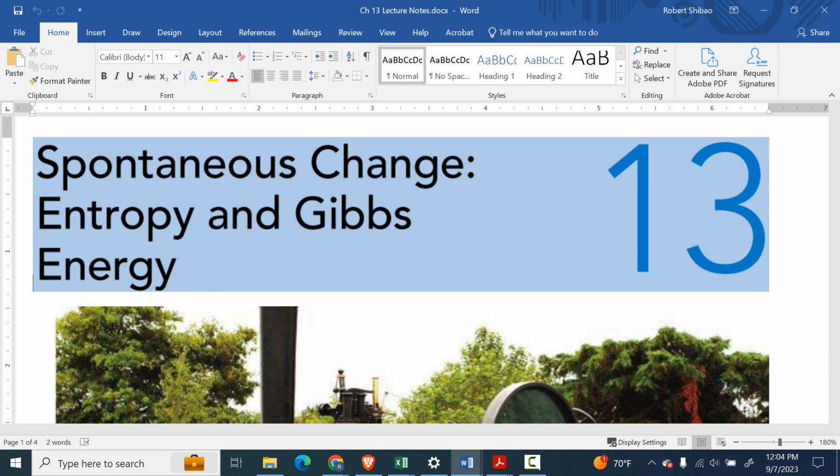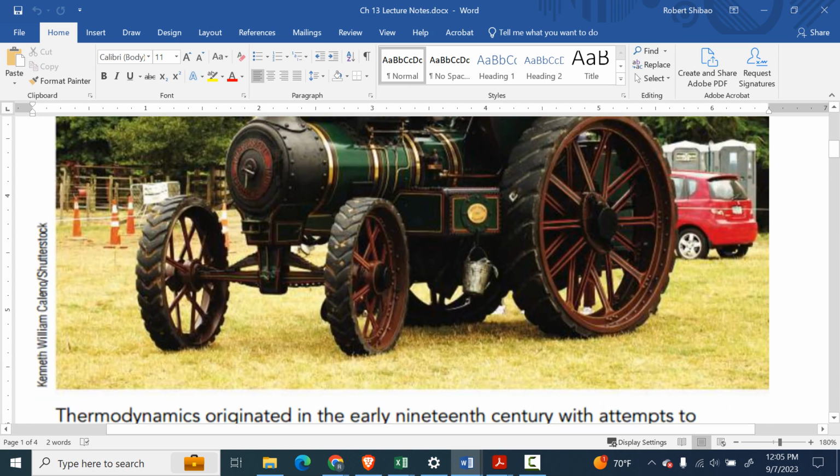If you don't even know the basics, how are you going to get the more advanced stuff? You're destined to fail. Anyway, this is thermodynamics part one.